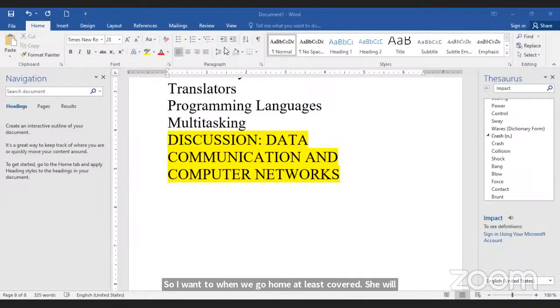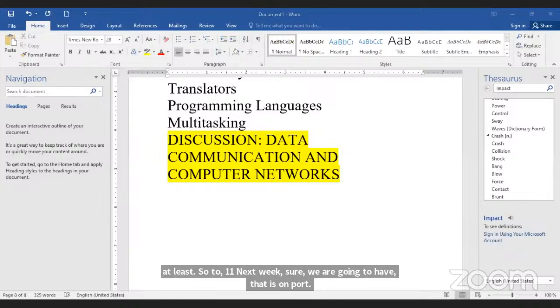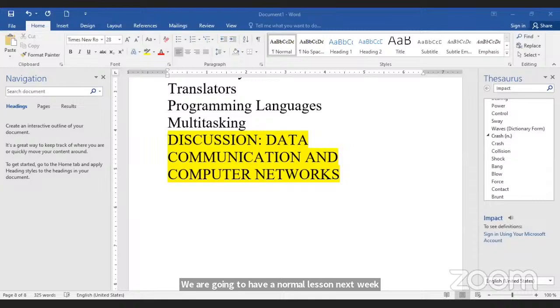Let me unmute everyone. So we are saying that next week, that is on 4th, we are going to have a normal lesson. Then on 11th we have a normal lesson, then in the afternoon we have a CAT. That is on 11th of December.